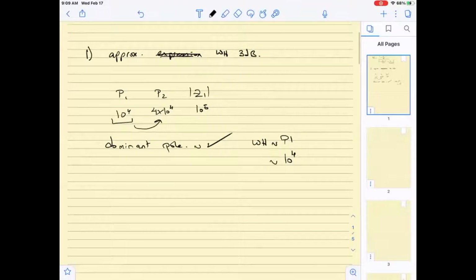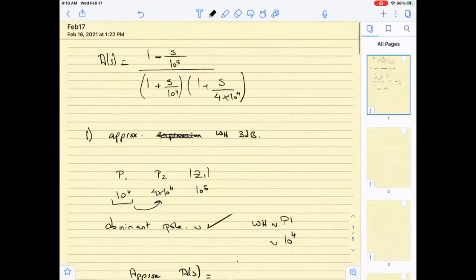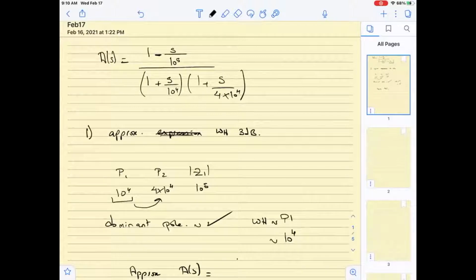And therefore I can approximate A of S to be of the expression, here it is 1. What is the magnitude of A of S at omega equals 0? If omega tends to 0, what is the low frequency gain? What is AM in this example?